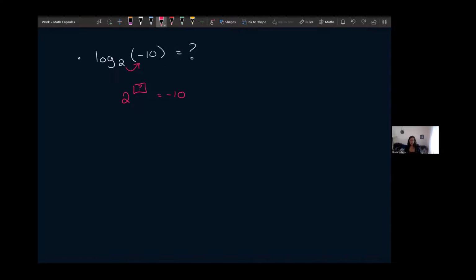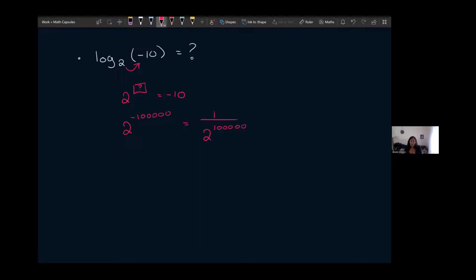But the important thing to know here is 2 raised to any power is always going to give a positive value. It's never going to give a negative value, and it's never even going to give 0. That's because, what can I do? Even if I put a really, really big negative number as my exponent, that doesn't give me a negative answer, because a negative exponent gives me the reciprocal, like this.